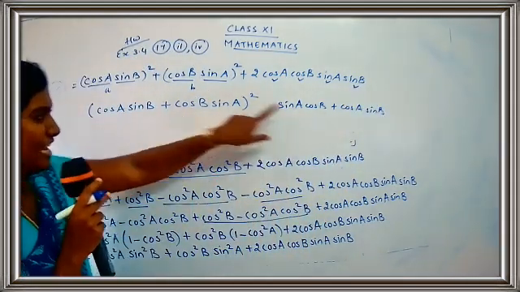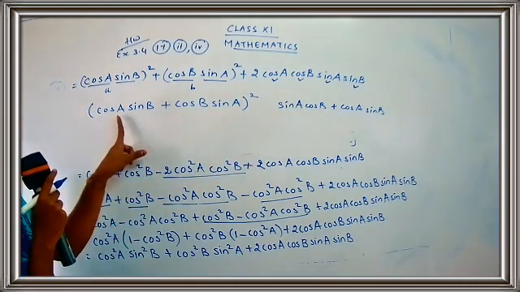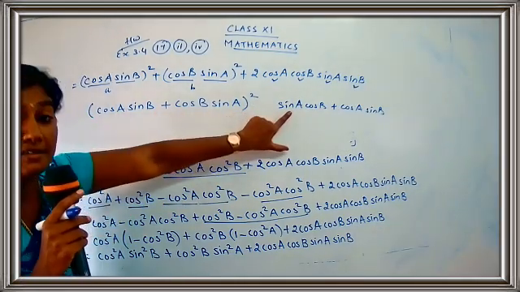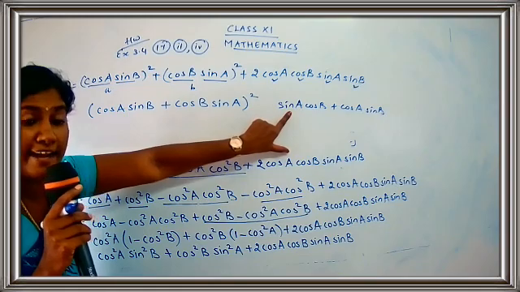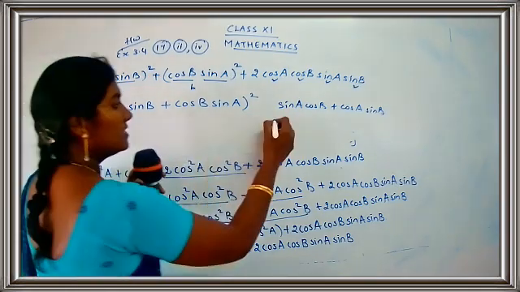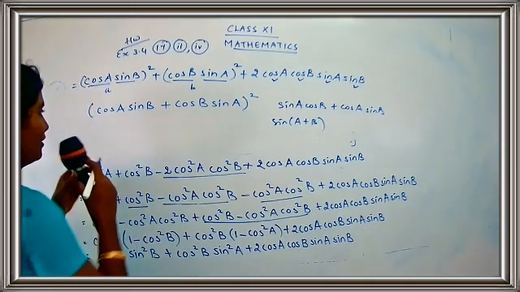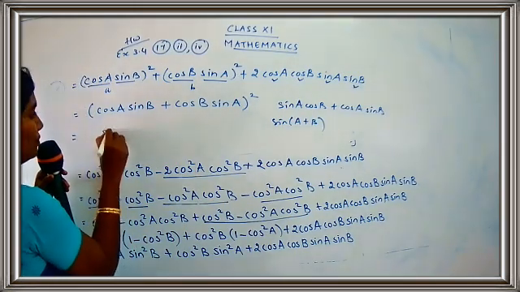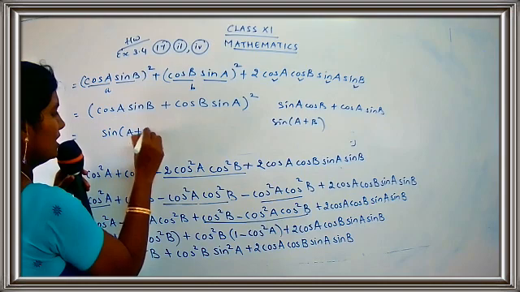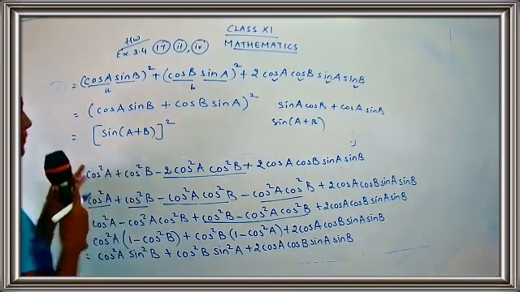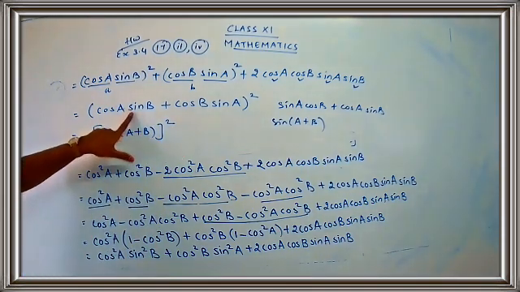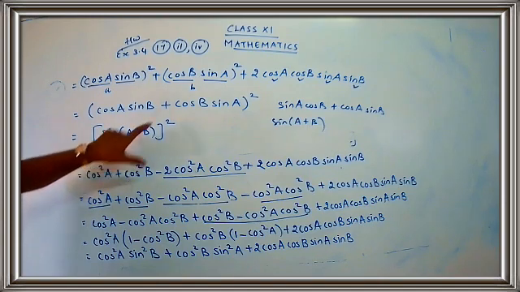So you have sin A cos B plus cos A sin B. This is which identity, children? This is sin of A plus B. Yes, that's all. So what do you get? This is equal to sin of A plus B the whole square.